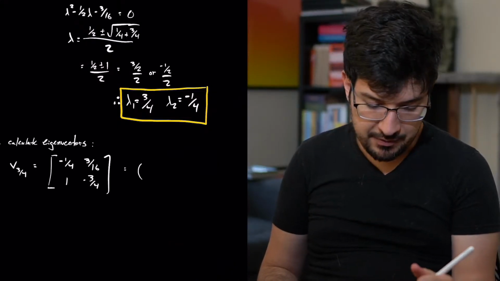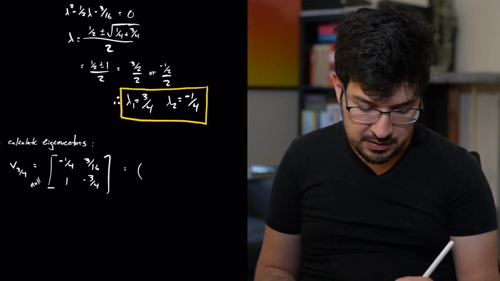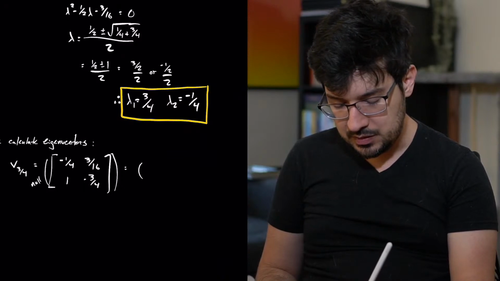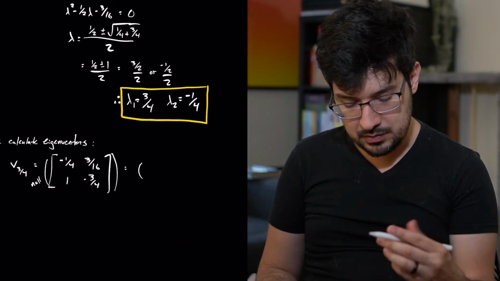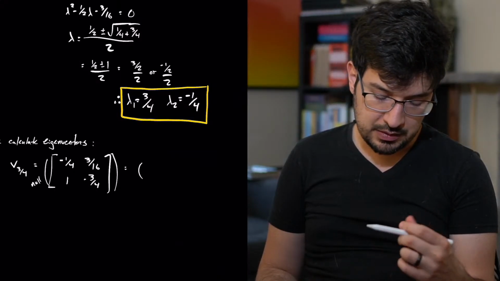So we're finding the null space of this matrix, which is the set of vectors, like if x.